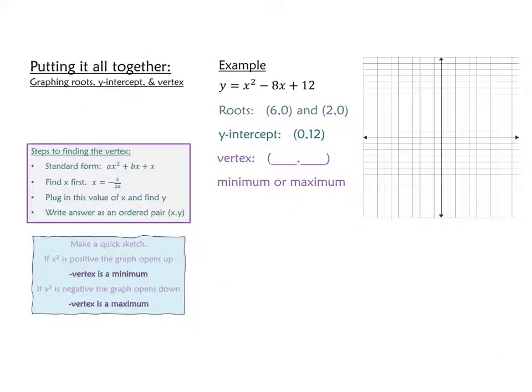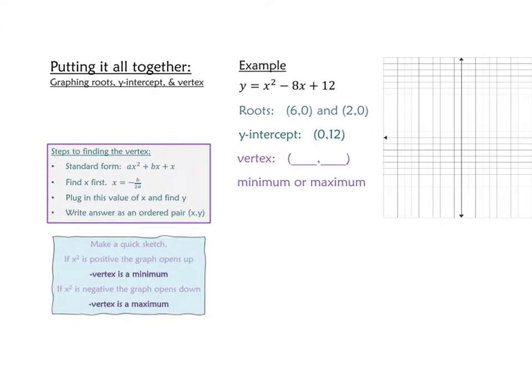Well, let's put it all together. Here's our example. We first have to find the vertex, and then we have to plug in the x value of the vertex from the formula negative b over 2a to get y.